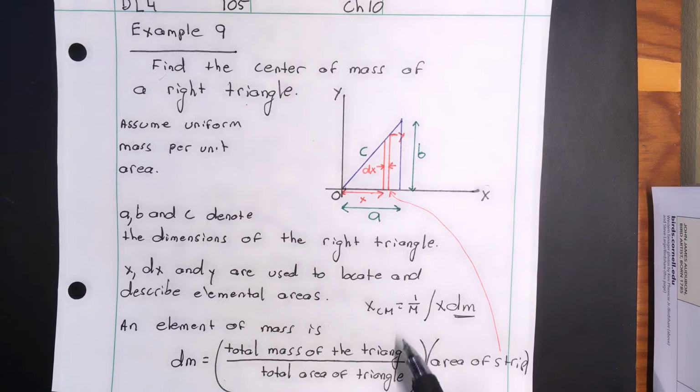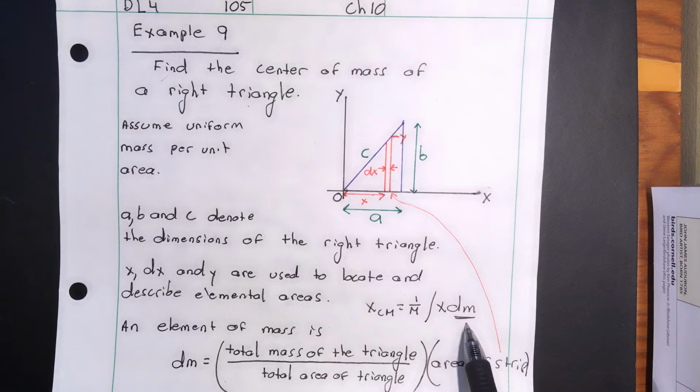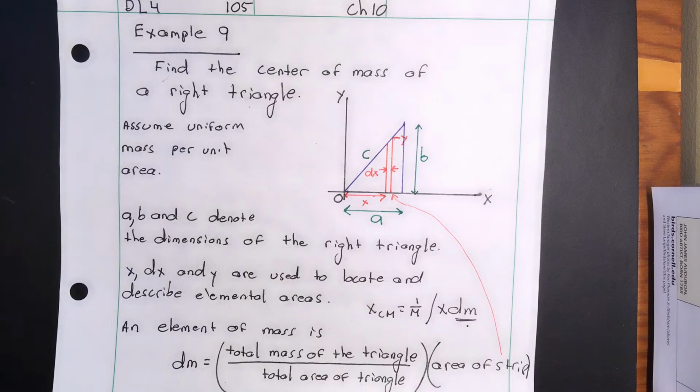Now remember, our go-to equation for a continuous system like this is the center of mass is 1 over the total mass, the integral of x dm. And our charge is often to find what is dm.